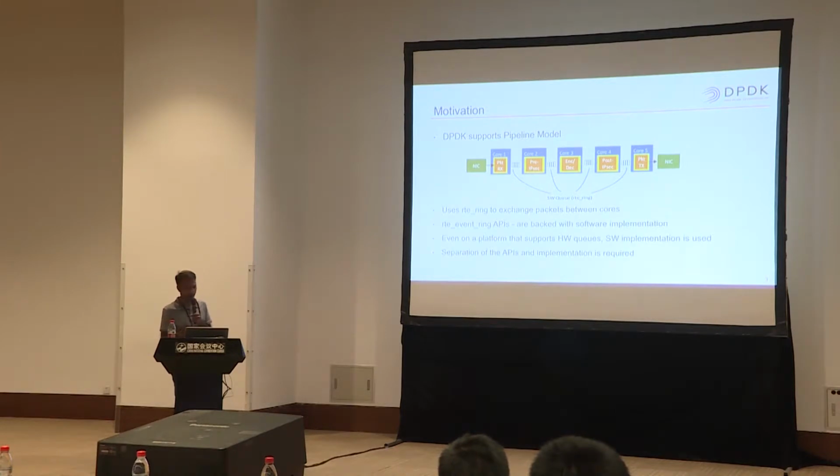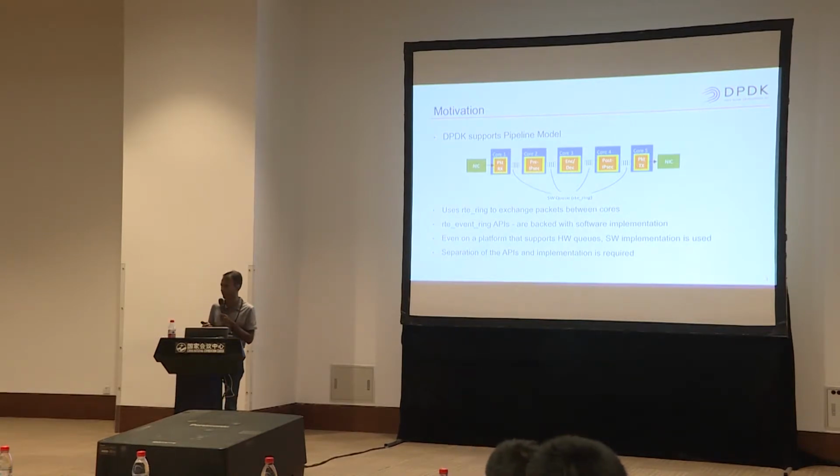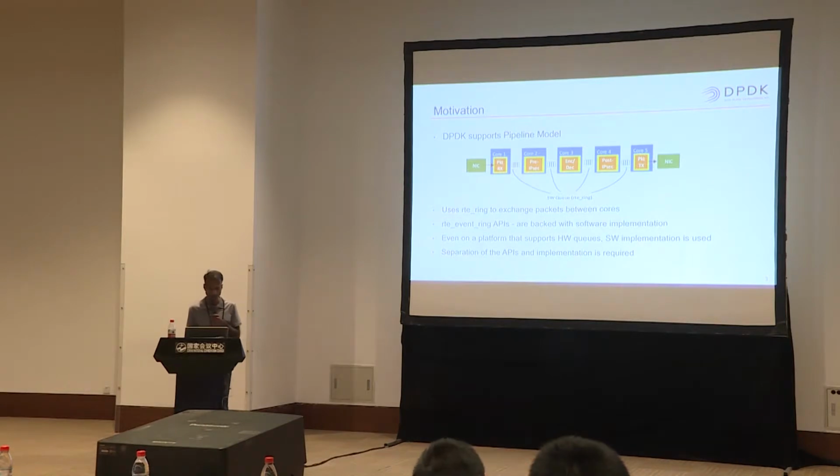Similarly, I saw that there are RTE event ring APIs. Those are again based on the software implementation. So these two are the primary mechanisms today in DPDK to exchange packets between two cores.